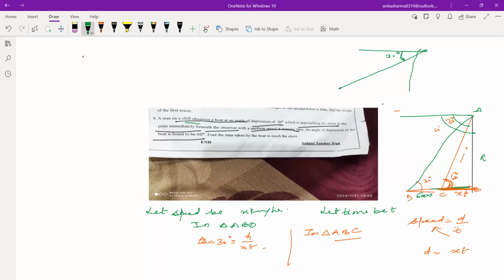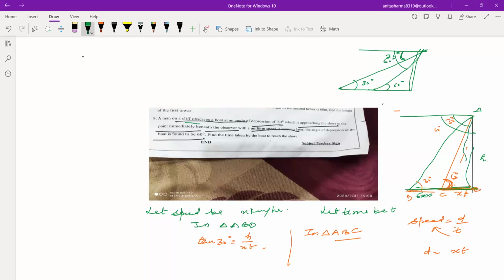So we can take this angle as 30 degrees. And they are saying that after 6 minutes the boat will come here and its angle is 60 degrees. So this will be 60 and this will be 30.